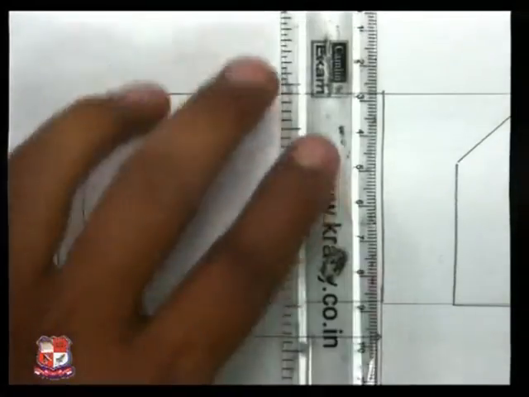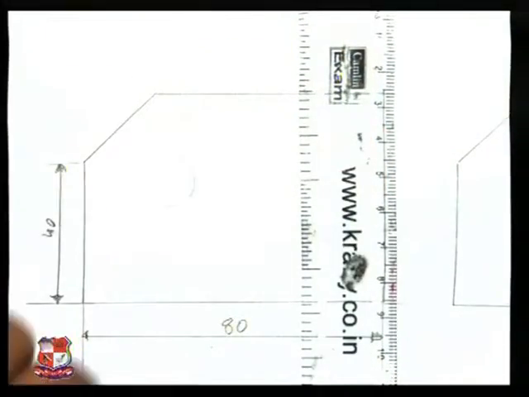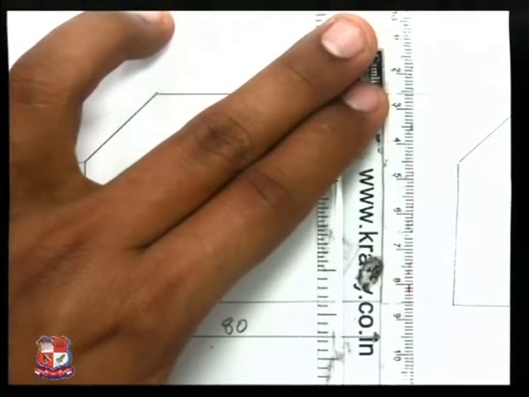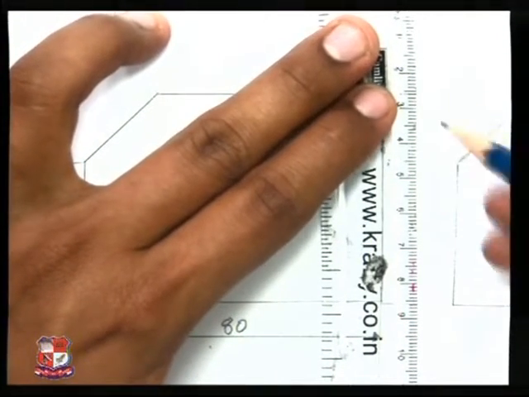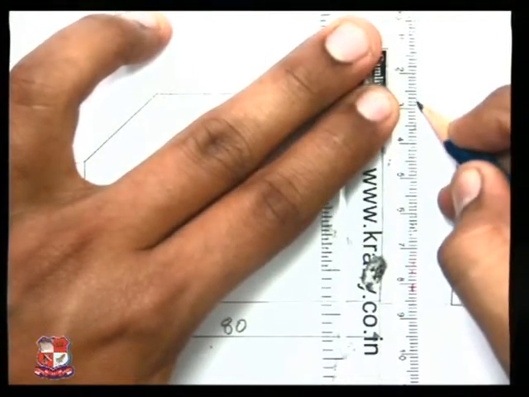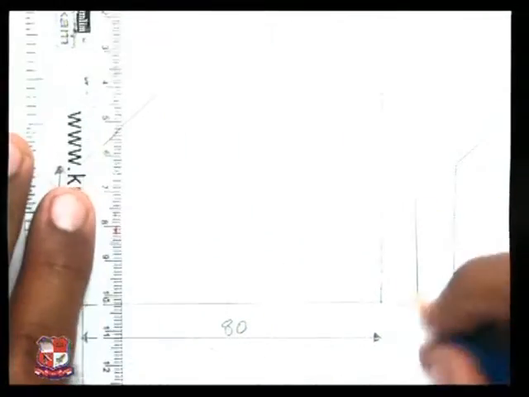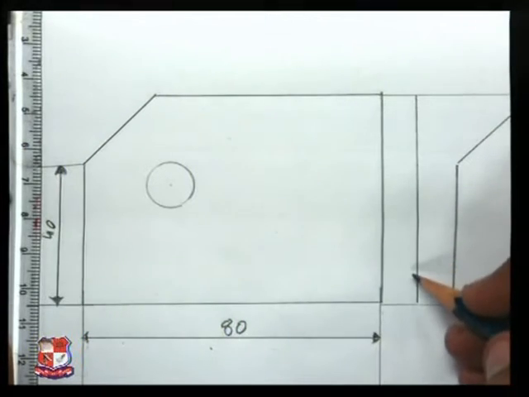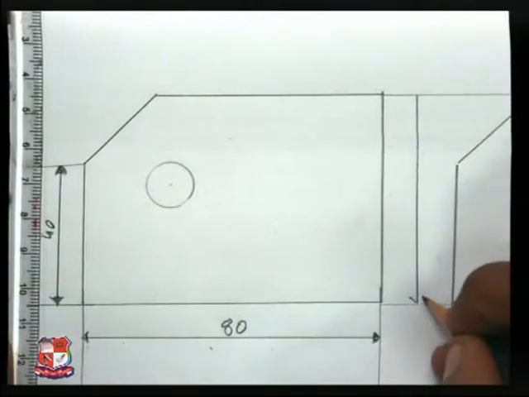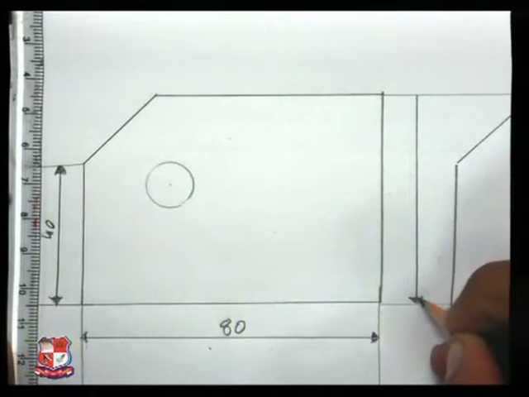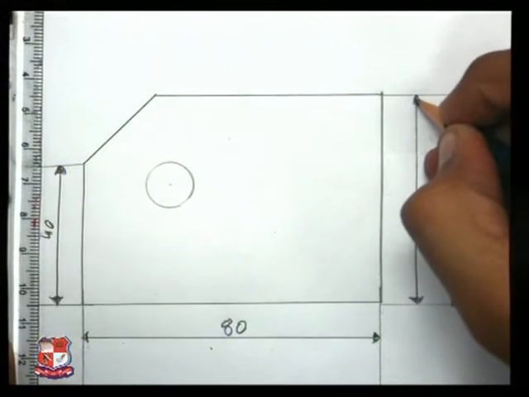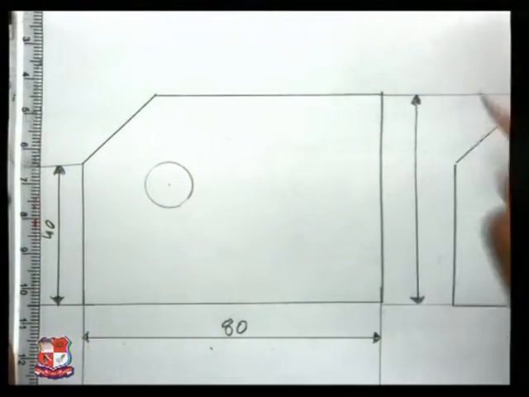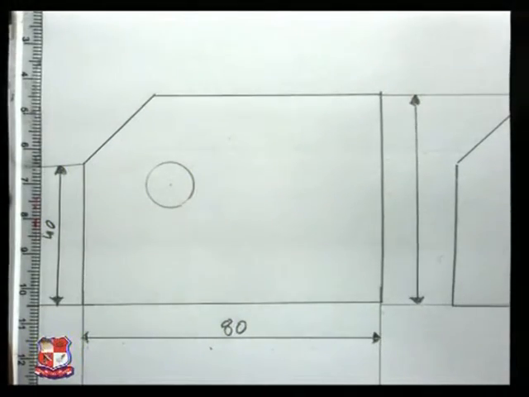Same way on the other side. I have drawn the extension line and the dimension line, with filled arrows on both sides.